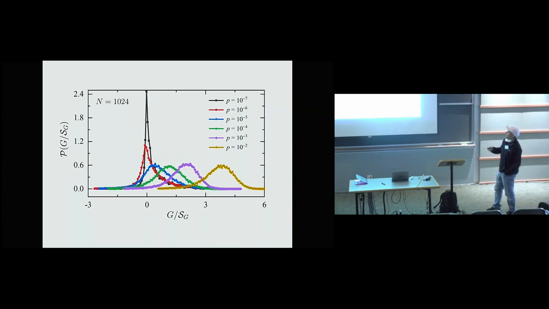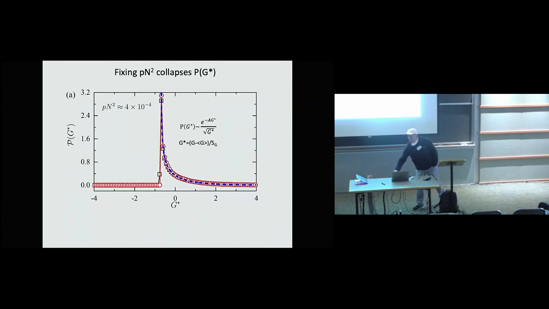They're strongly peaked at low pressures, and then they evolve as you increase the pressure. What's cool is that they collapse when you plot them. You have to do a little fiddling, because you plot them versus G star: take out the average and then normalize by the standard deviation to create a Z-score for the shear modulus. And they collapse at separate values of Pn squared.